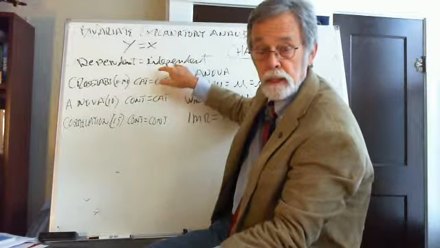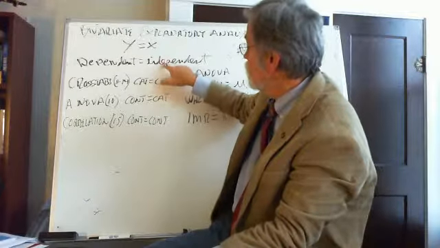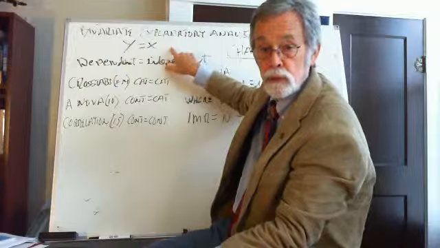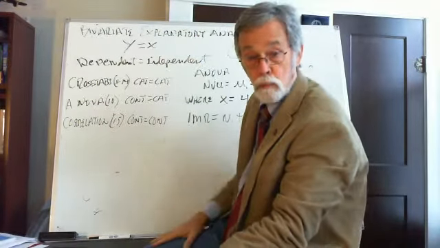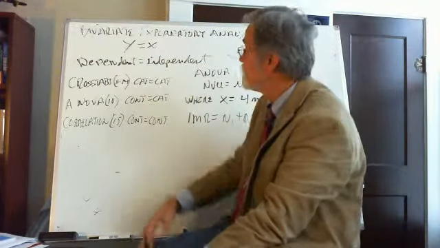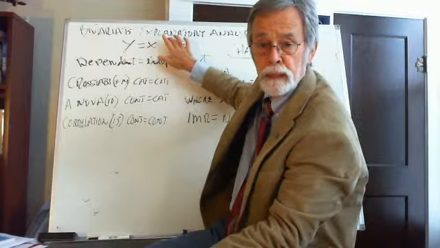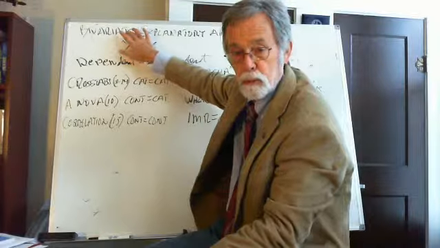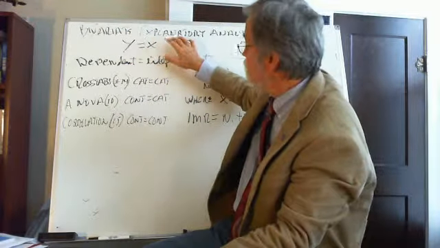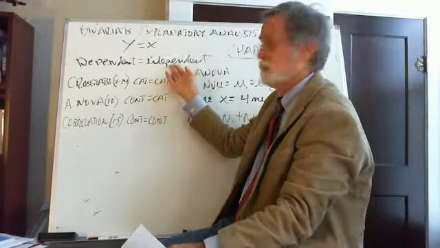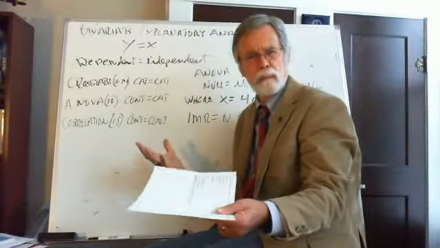Remember, last time I think we talked about why we call this independent: we might have an x1 and an x2 and an x3 or more on the right-hand side of the equation, so that we can look at x1's relationship with y independently of x2's relationship with y, independently of x3's relationship with y, and so on.